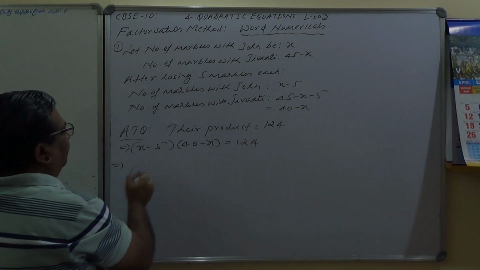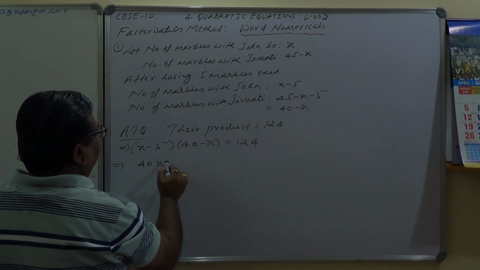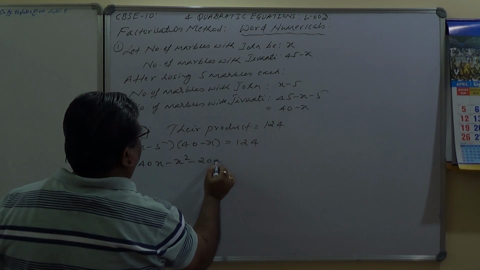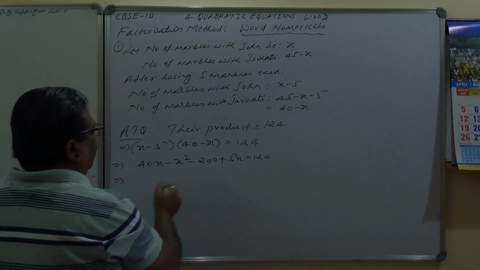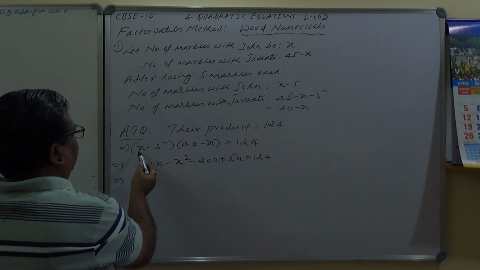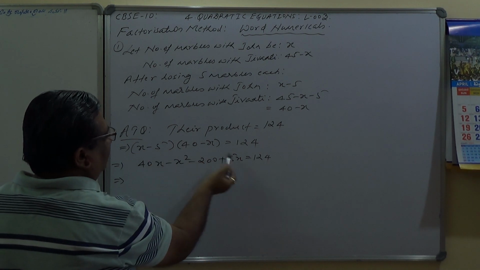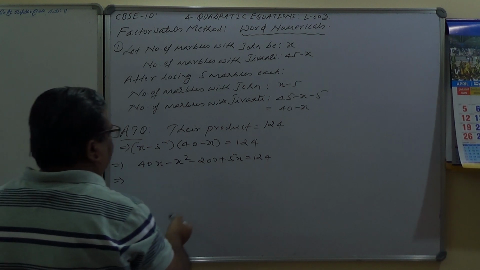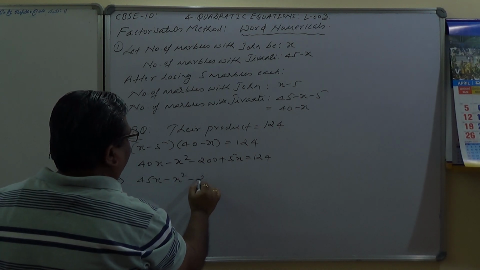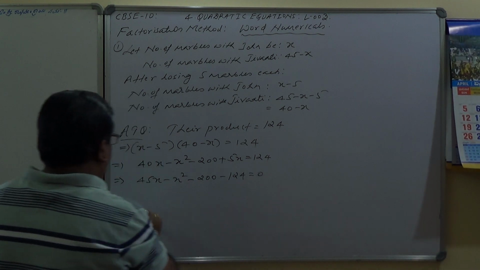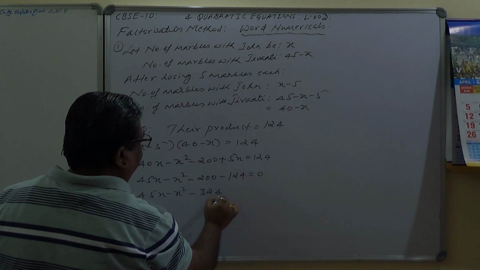So let us solve this one. This will be X into 40, 40X, X into minus X square, minus 5 into 40, minus 200, minus into minus plus 5X, which equals 124. 40X plus 5X is 45X. So we get 45X minus X square minus 200 minus 124 equals 0, which implies 45X minus X square minus 324 equals 0.